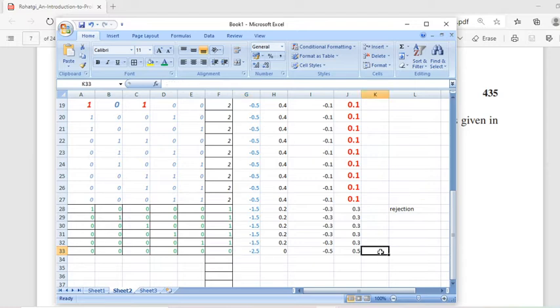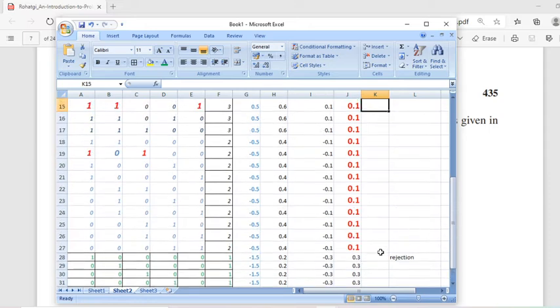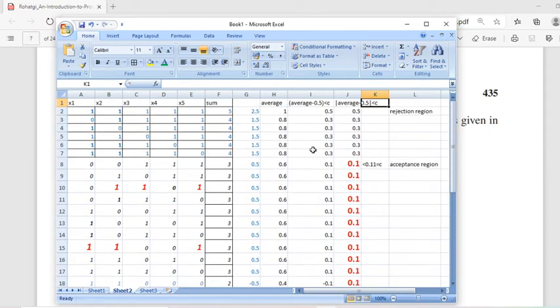So what is the value of 1 by 32? Let us denote the probability here.